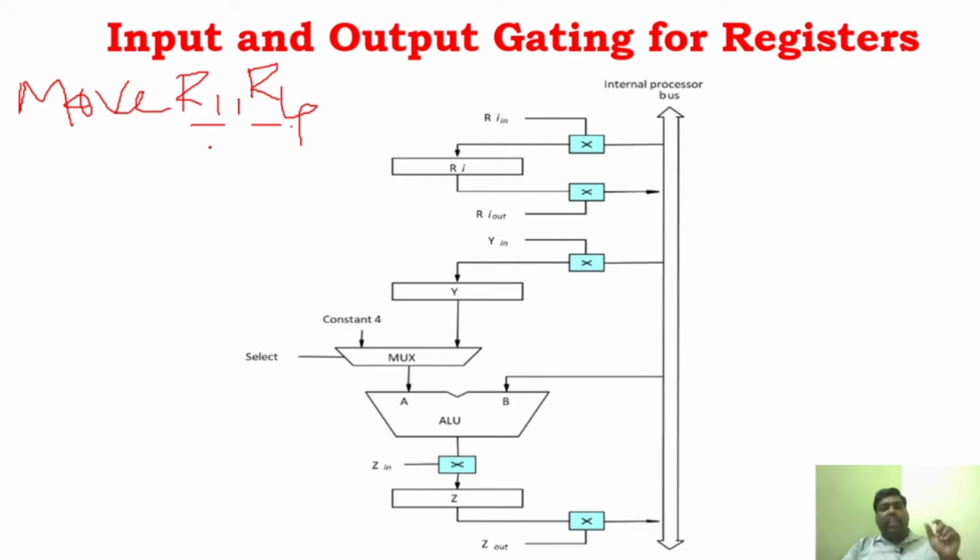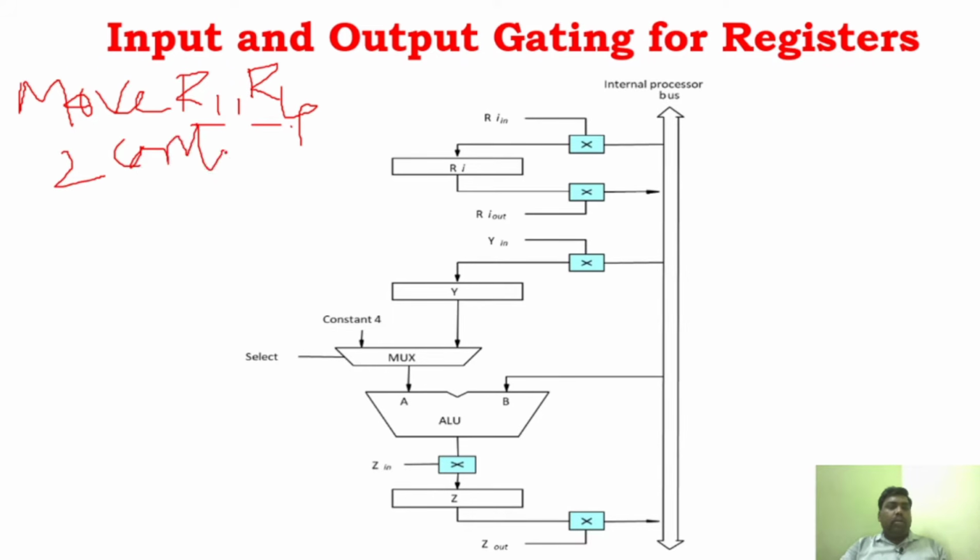For that you have to understand the internal bus organization, which we have very clearly explained in the previous video. You would have understood that all the registers, the ALU, the temporary register, everything is connected to this internal bus. Every register will have two control signals, you have to understand very carefully.